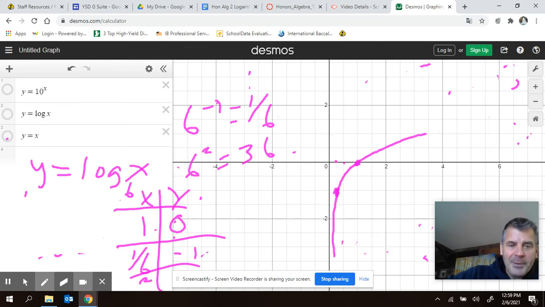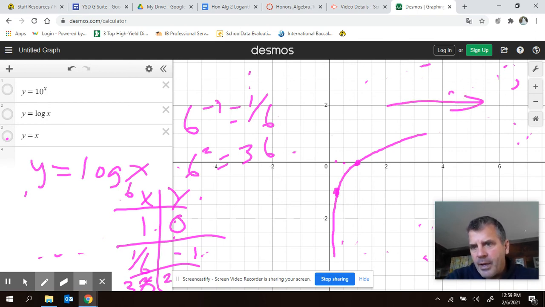I don't want to put 2 in there because that's going to be kind of funky. If I put 2 in for x, it's going to be hard to figure that out. So don't put 2 in for x. What you want to do is put in 36 for x, because that will result in 2. So way out here at 36, I'm not going to pull it all the way out there, you will finally get up to 2.